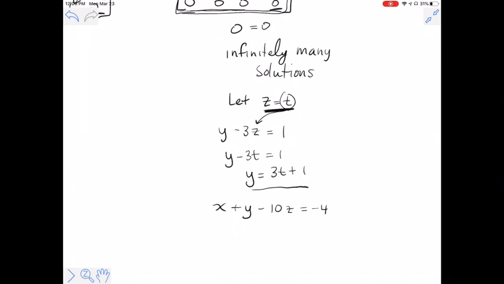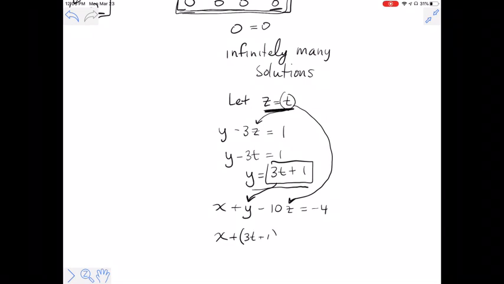And now we make the appropriate substitutions. For y, I'm going to put in that 3t plus 1. And for z, I'm going to put in that t. So I have x plus 3t plus 1 for y minus 10. Instead of 10 times z, it's 10 times t.